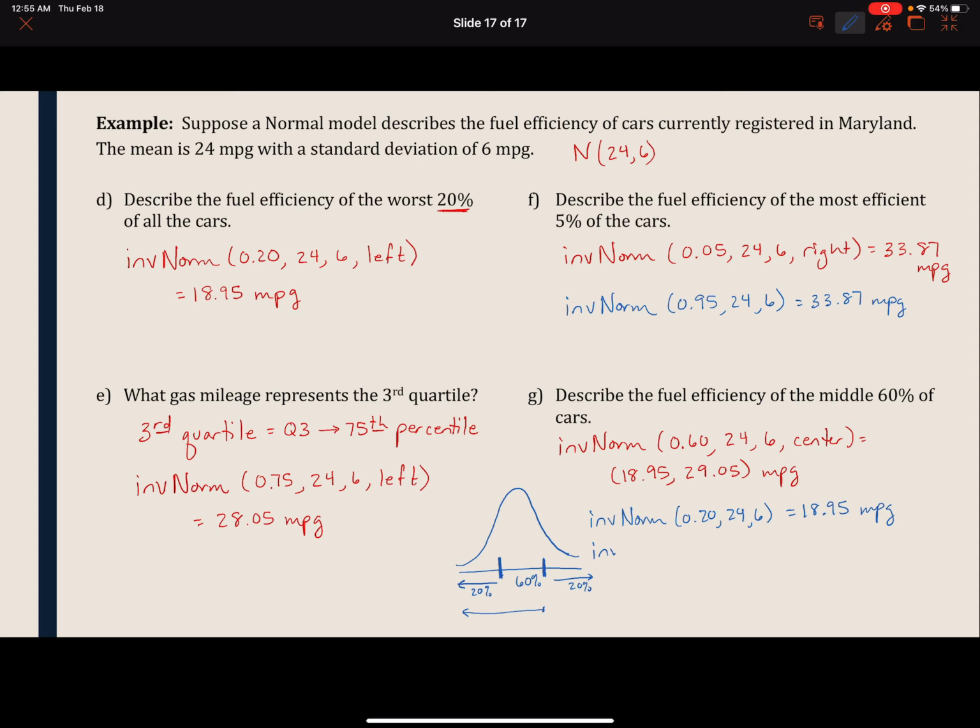So we're going to enter inverse norm with 80% to get the 29.05. And then you can write it as an interval. Okay, that's chapter 5. Please let me know if you have any questions.